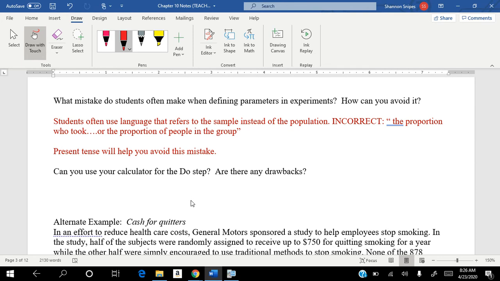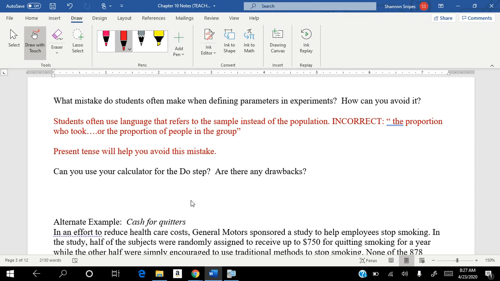One way to incorrectly define your parameters is to write the proportion who took, or the proportion of the people in the group. You need to make sure your parameters address the population in general, not just the sample. Using present tense will definitely help you avoid that mistake. When we set up this next problem, I'm going to show you how to do it properly.